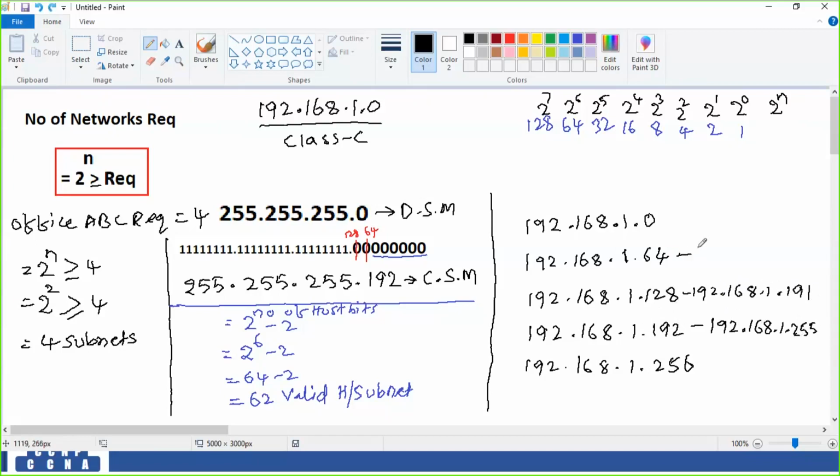Before 128 is 127. Before 64 is 63. So 192.168.1.63, 192.168.1.127, 192.168.1.191, and 192.168.1.255. 256 is invalid, remove it.